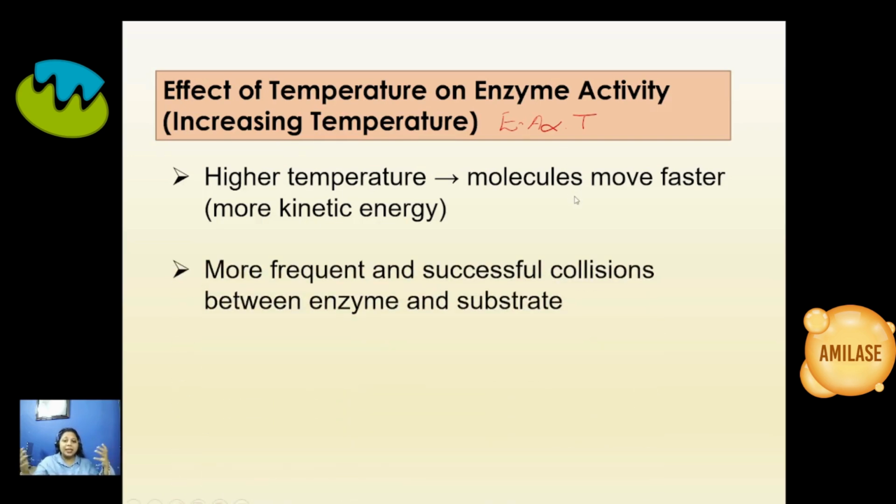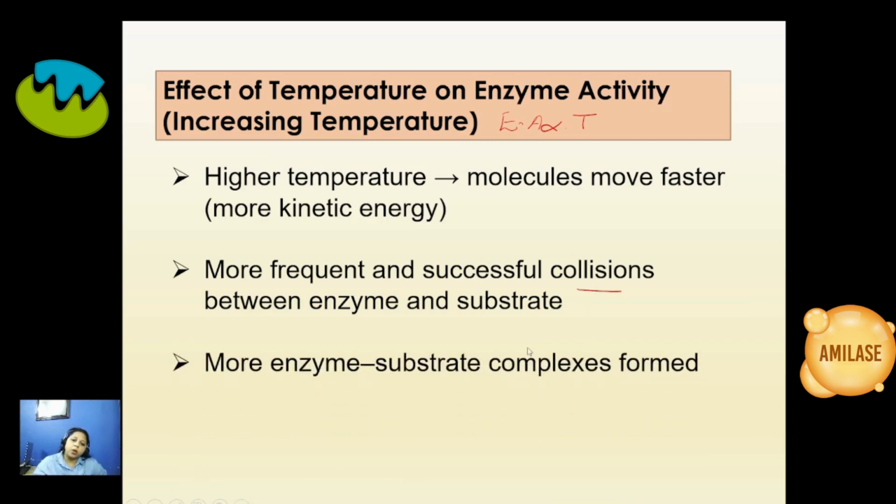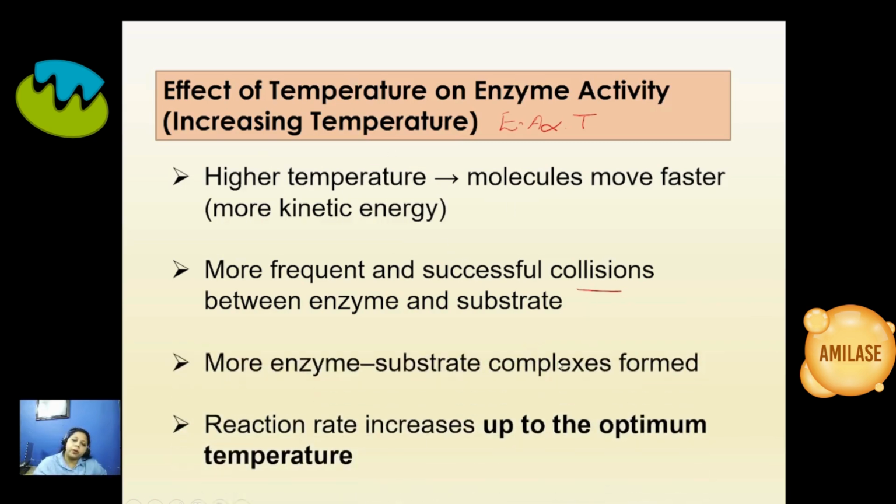They can easily bump into each other and react. So there would be more frequent and successful collisions between enzymes and substrate, and the reaction can occur easily. More enzyme-substrate complexes are formed, and the reaction rate increases up to the optimum temperature.